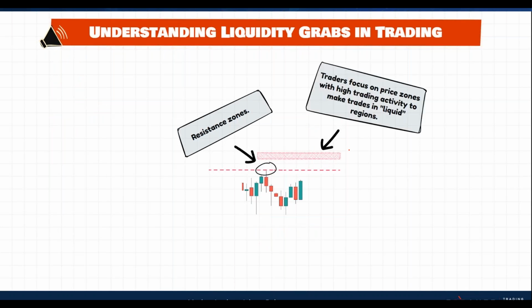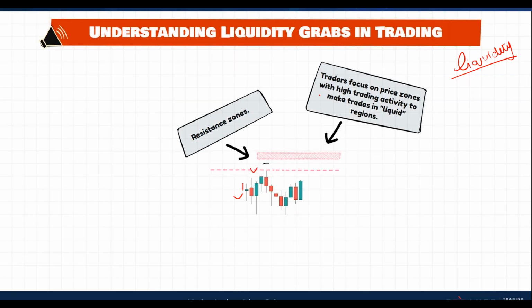Okay, so what happens next is, I have told you about this liquidity. Again, focus on this one. Now, once you have this range over here and you have this resistance zone, everything is going well.